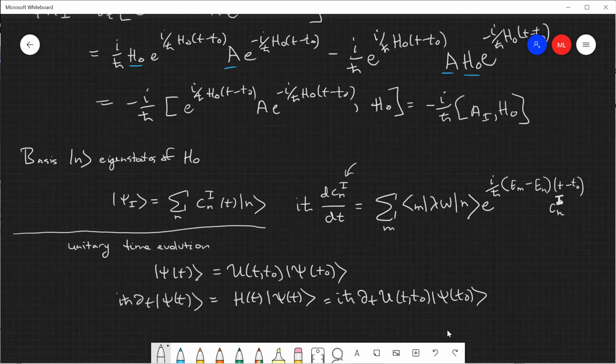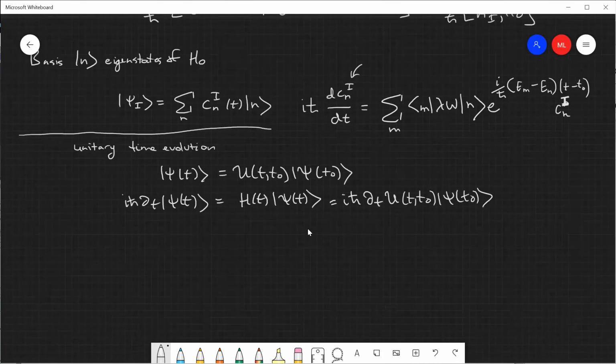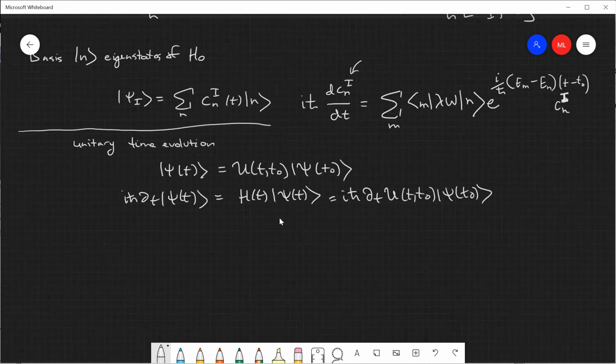I just substituted in this. So you can see here that the next step is, and you'll see in a moment, it should be familiar what's going to happen. So this is psi at time t.